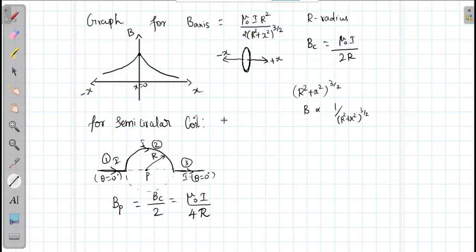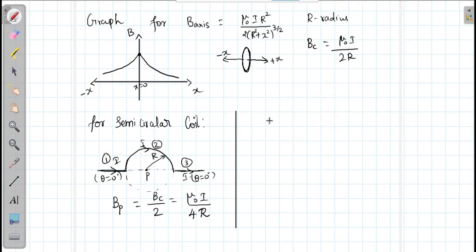And we have a common case. For this question, sometimes they give this. See, this is the center.